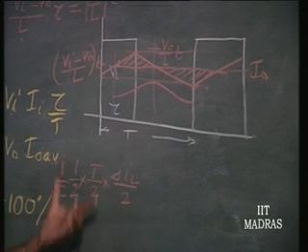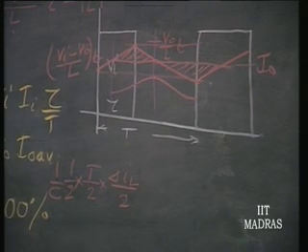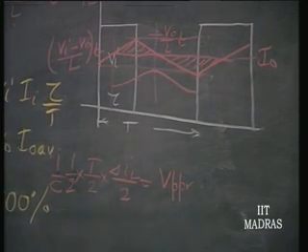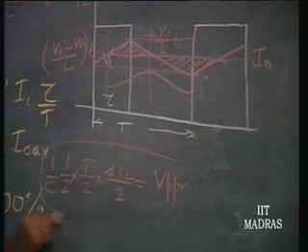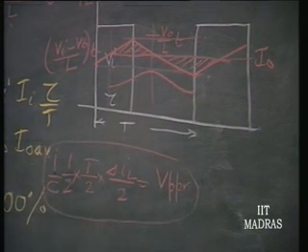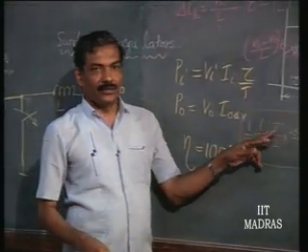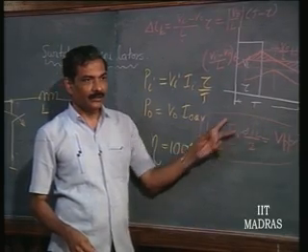So, this voltage is nothing but the peak to peak ripple, right. So, this is something that we have very simply obtained. Is this clear?